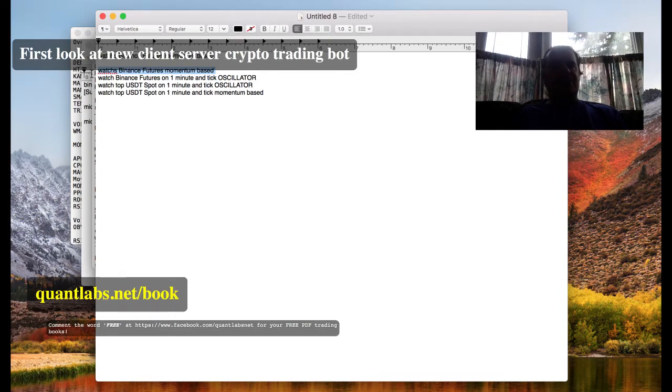But as I said, I still want to stay in the spot market because it's lower risk, not safe, but lower risk if you do lose in the spot market versus the Binance futures market, where you can be pretty high risk, meaning you lose more. So that's the methodology at this point.